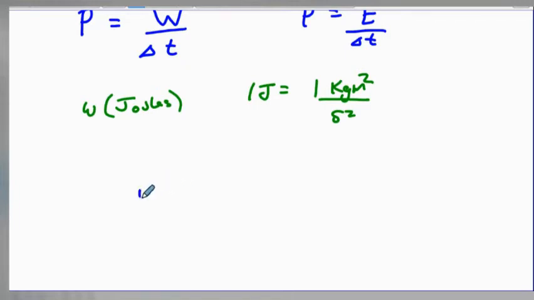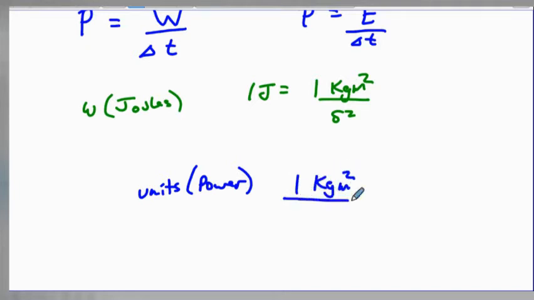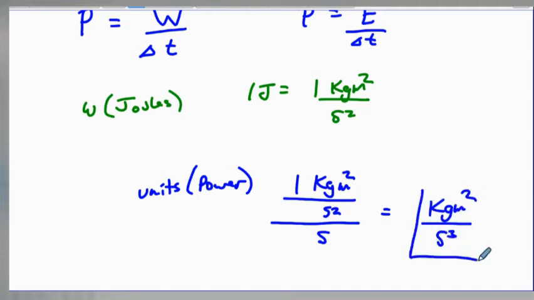So the units for power are going to be 1 kilogram meter squared per second squared per second, which is a kilogram meter squared per second cubed. And that is 1, named after James Watt, 1 watt of power.